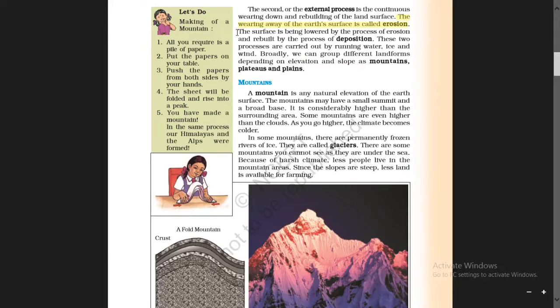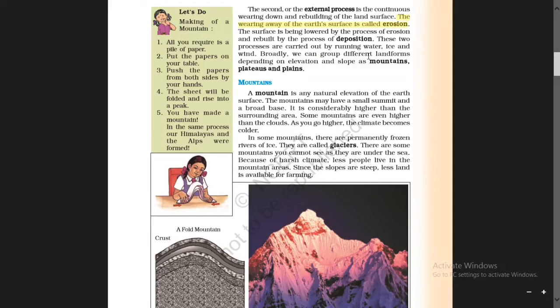If anybody asks you what erosion is, you have to answer like this. The surface is being lowered by the process of erosion and rebuilt by the process of deposition. These two processes are carried out by running water, ice, and wind.